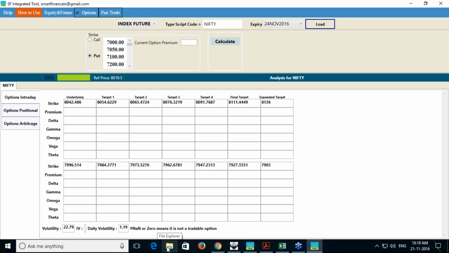So now the 8019 level, the price has changed. Volatility has changed now, so it has impacted the pricings.